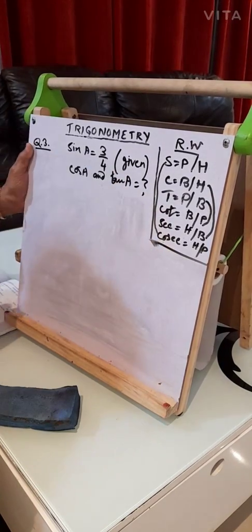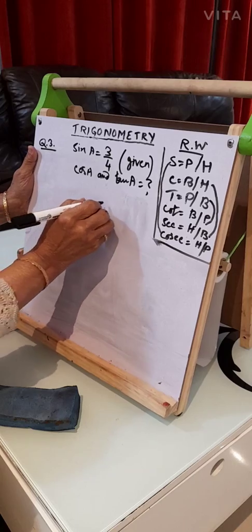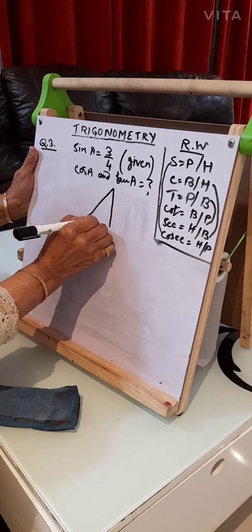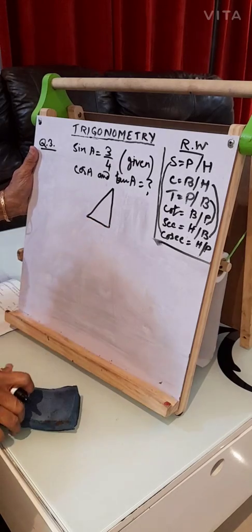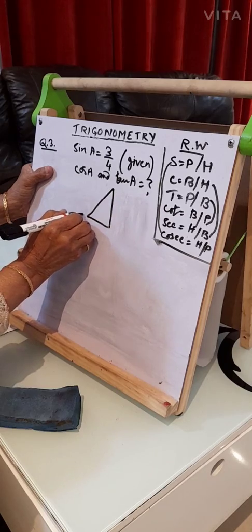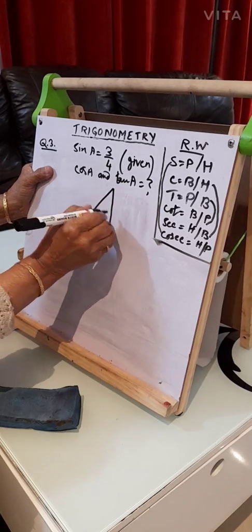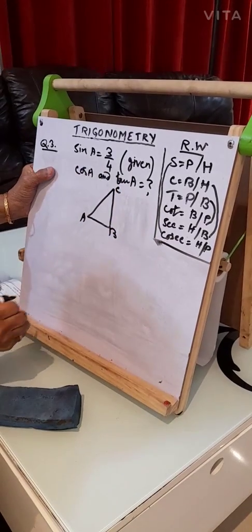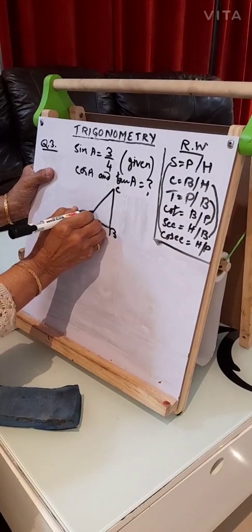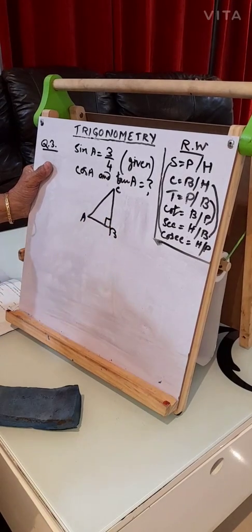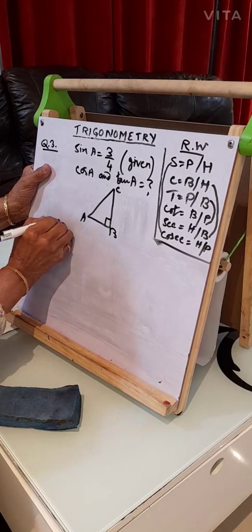Cos A and tan A. So let us take a right triangle again. Sin A, so this point will be A. Let us take it as B and this as C. Let us draw right triangle ABC, right angled at B. It is given sin A is equal to 3 over 4.